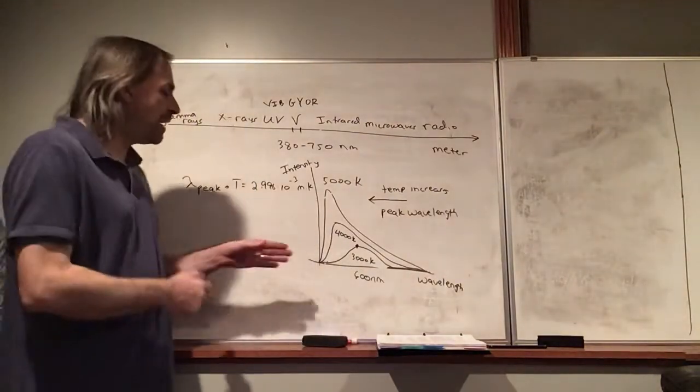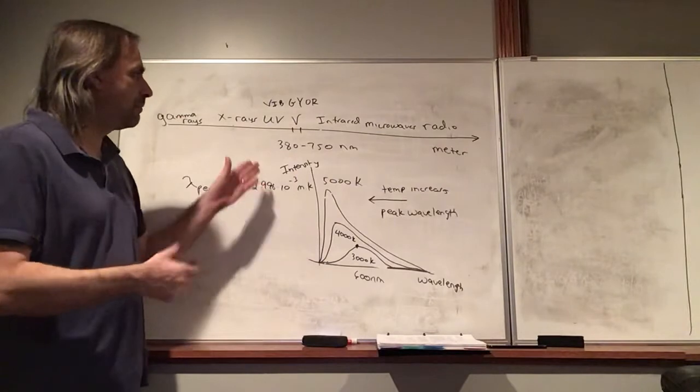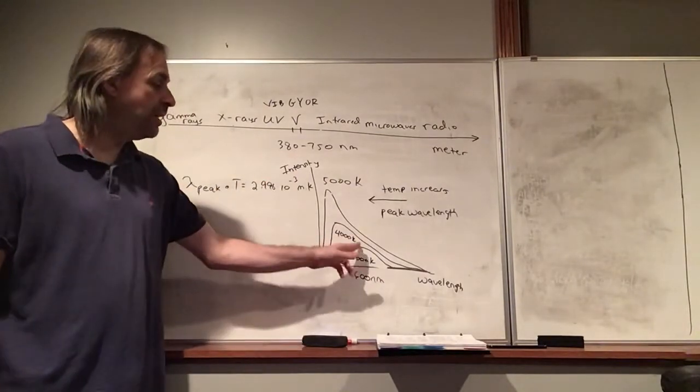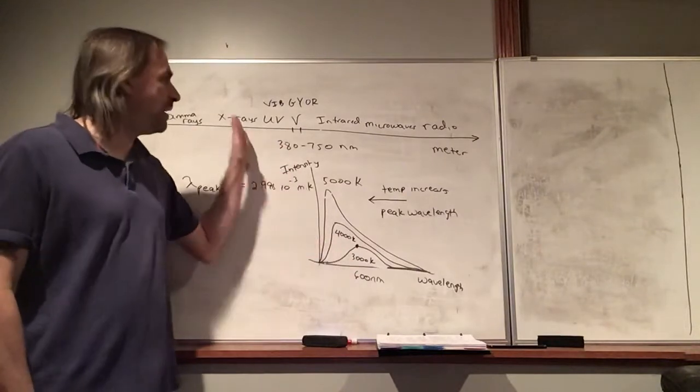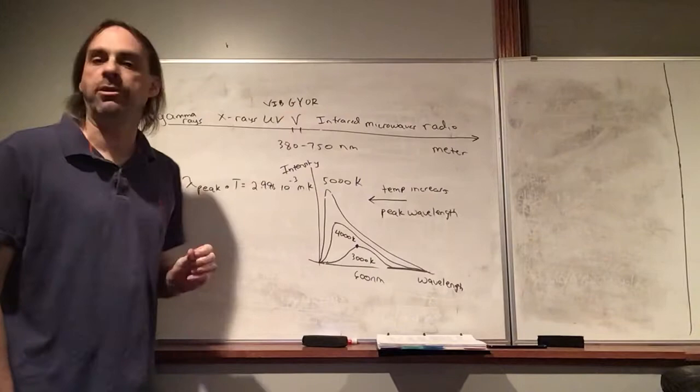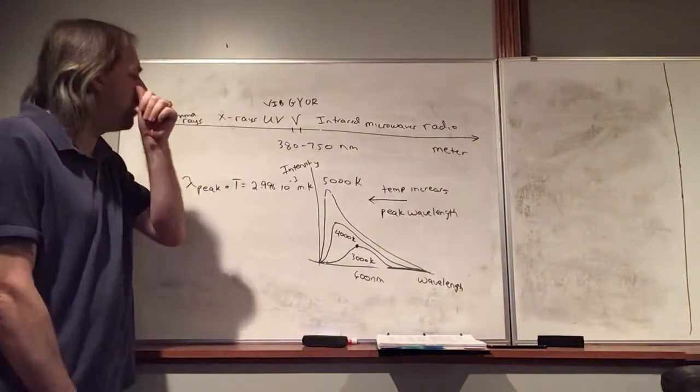So again, if you look at an object glowing at 3000 Kelvin, it's emitting light in all parts of the spectrum. It's just going to peak somewhere around orange or yellow, because that's its peak wavelength.